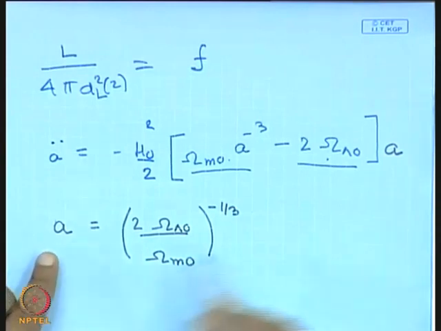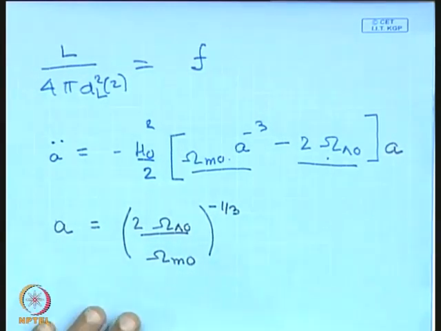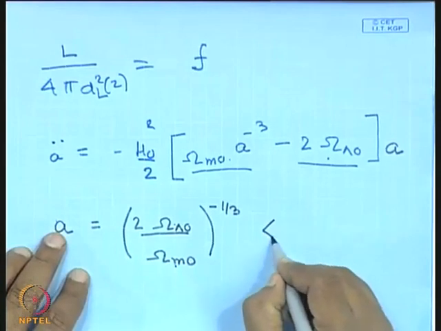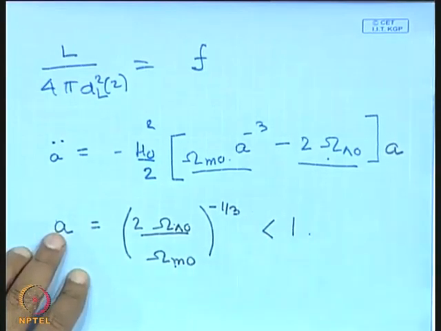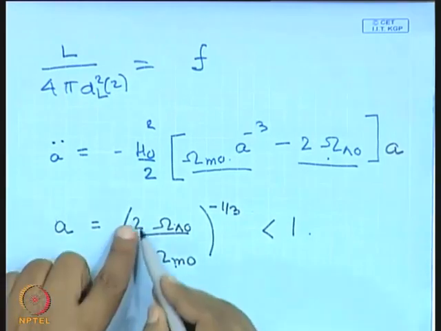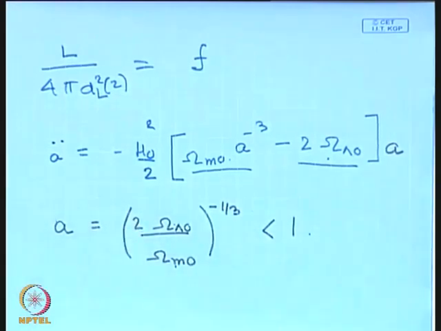If this is 0.7 and this is 0.3, this number will obviously be more than 0 but less than 1, because this ratio is more than 1.